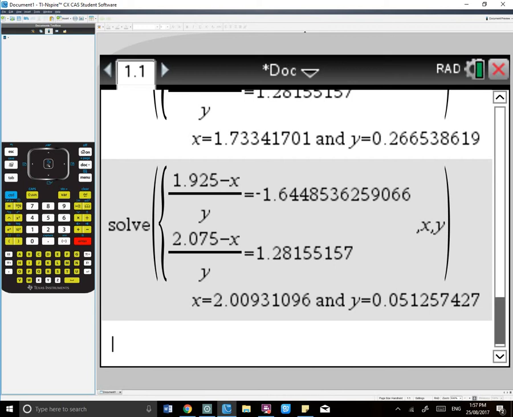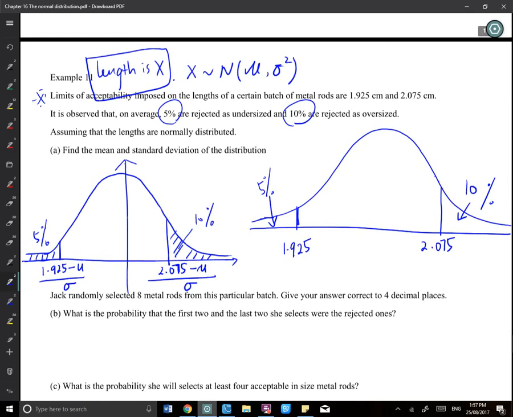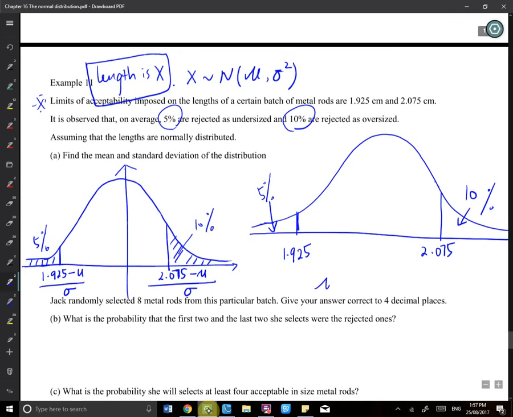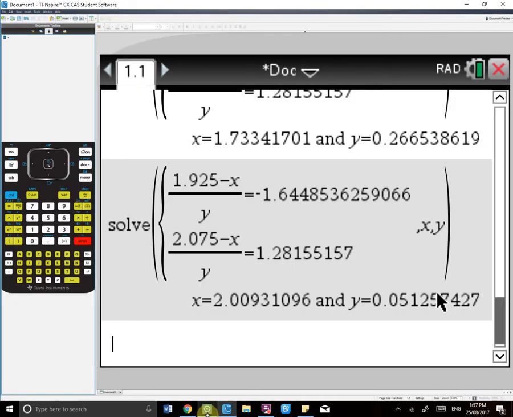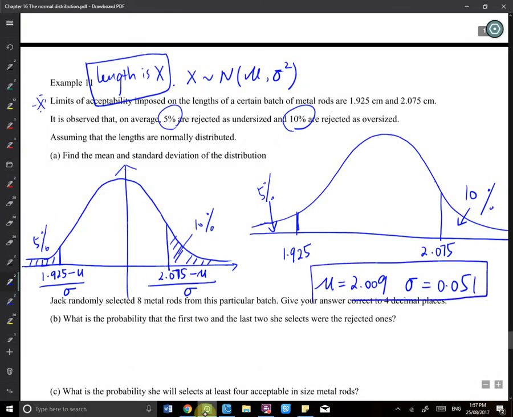The areas are not symmetrical, so you need to use this way to do it: back to the standardized normal, and then finding the values. Just give 3 decimal places as well. Mu is 2.009, and the standard deviation is 0.051.